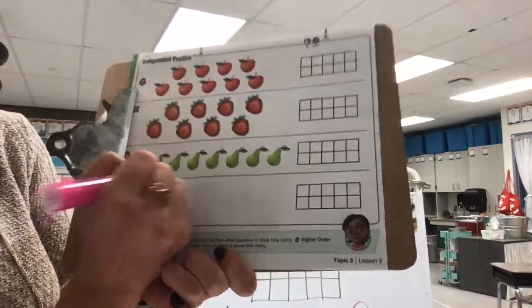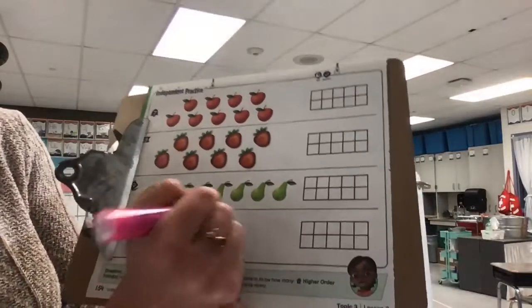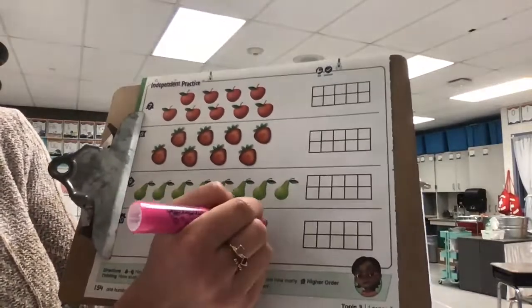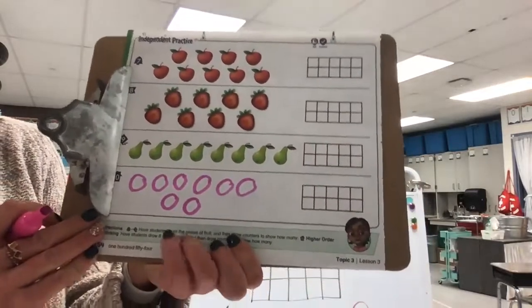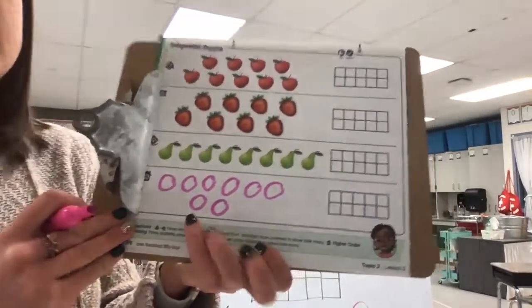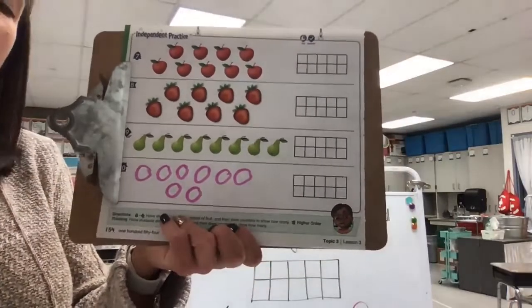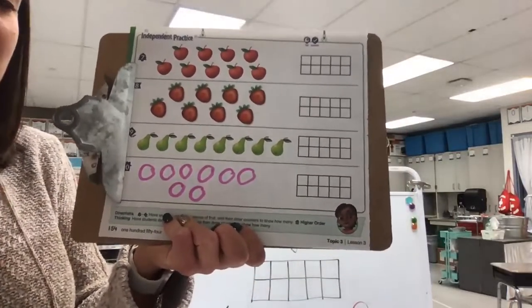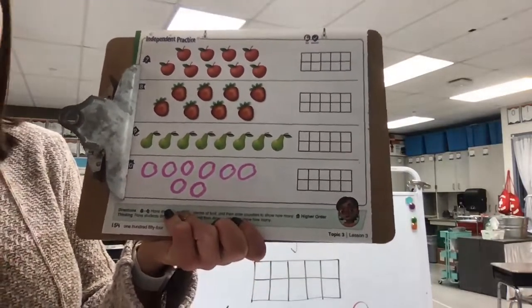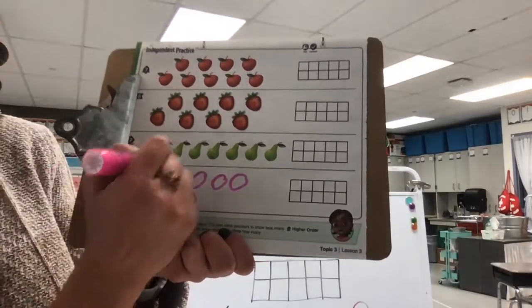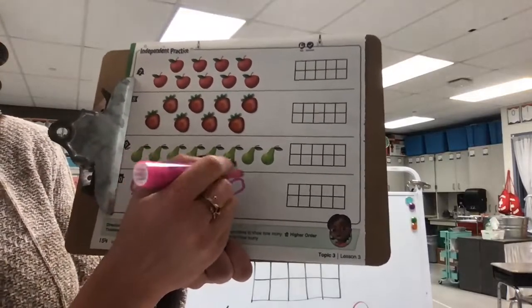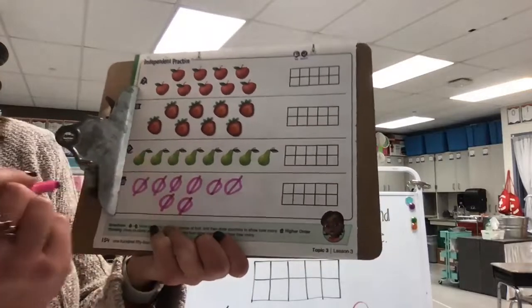1, 2, 3, 4, 5, 6, 7, 8. Now I want to make sure that I drew 8 and not too many or too few. So what should I do? I need to count and mark them out. 1, 2, 3, 4, 5, 6, 7, 8.